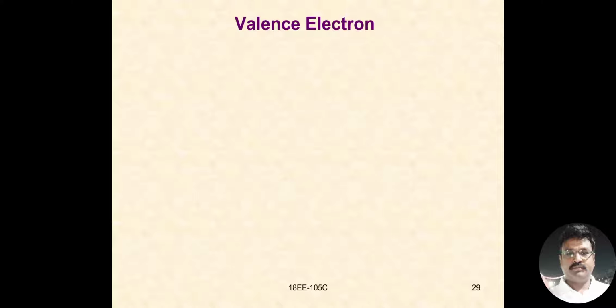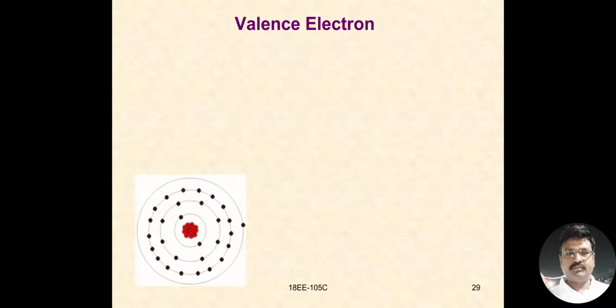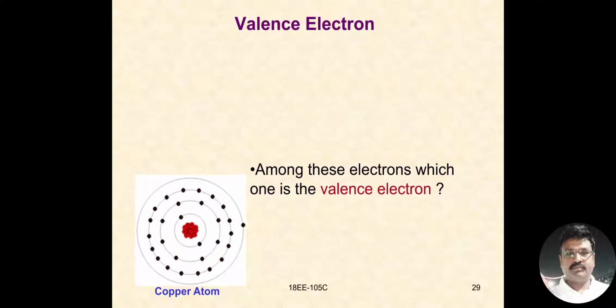Now let me explain what is valence electron. You can see the structure of an atom in which you can see the nucleus and all the orbits. Let us take this as a copper atom. Among these electrons, which one is the valence electron?